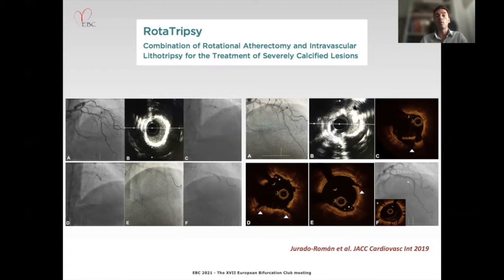And we know that rotational atherectomy cannot ablate deep calcium, it only performs intimal ablation, and shockwave does it. So this is how we reflect this combination of effects, with intimal ablation of rotational atherectomy, as you can see here, and deep fractures of shockwave.